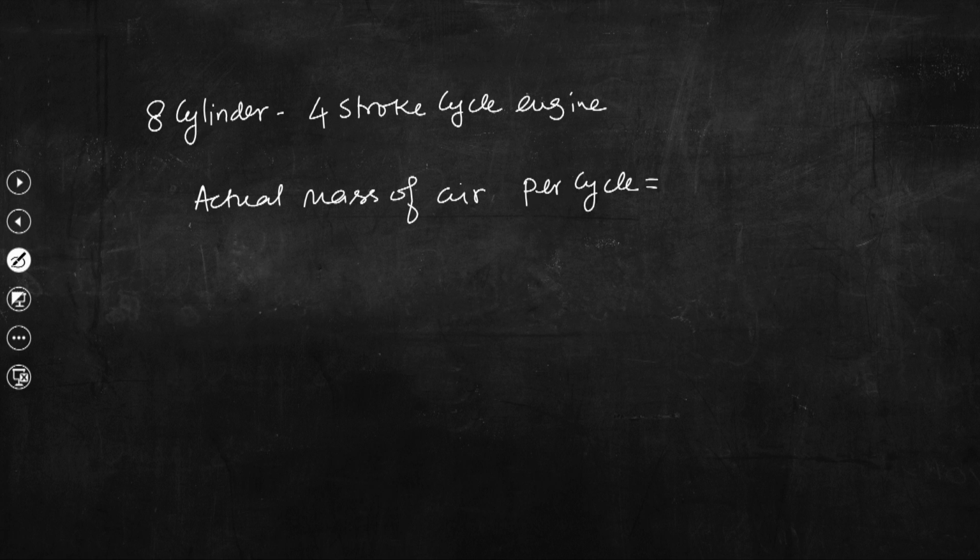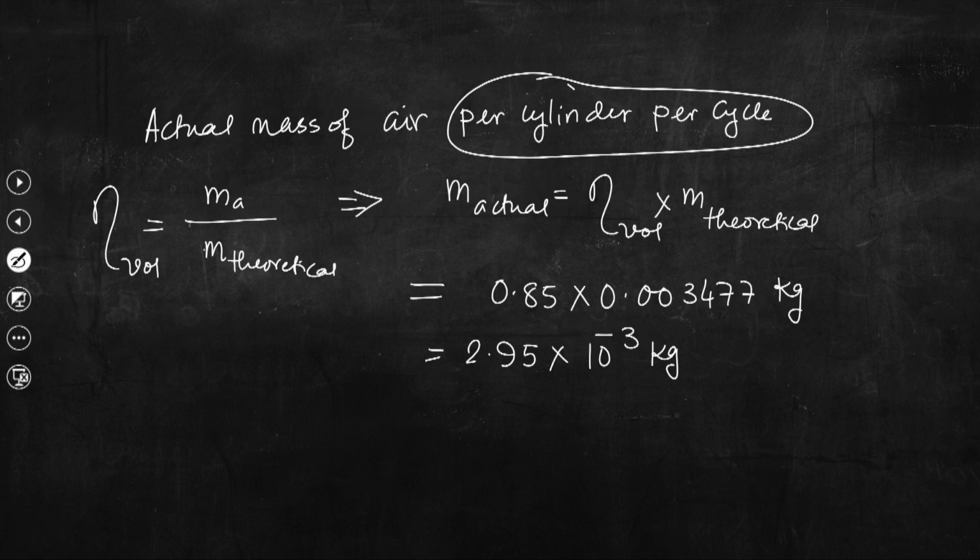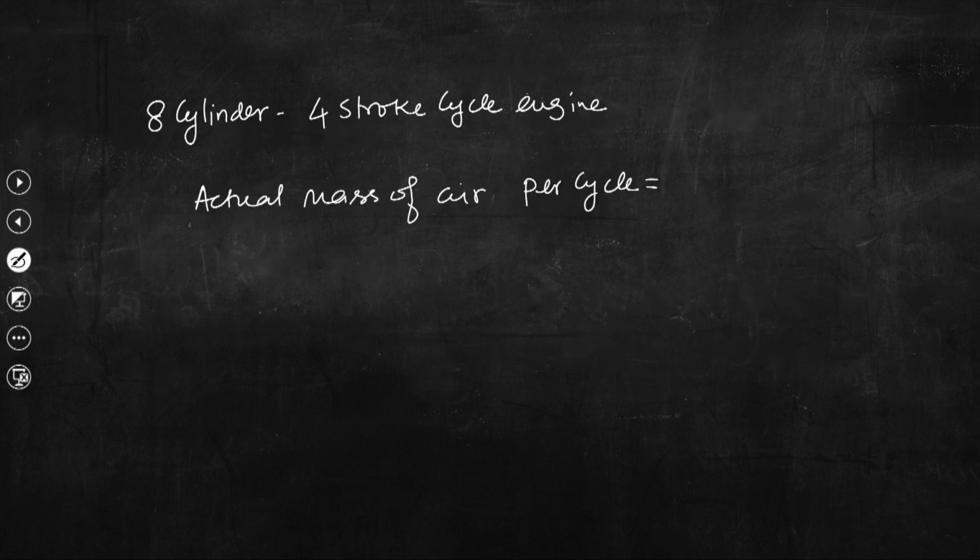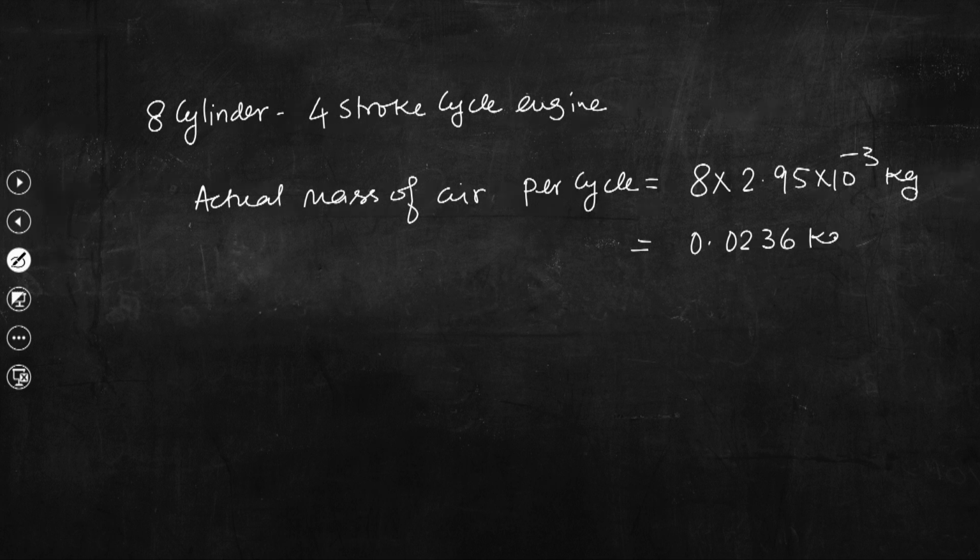Per cylinder per cycle we calculated 2.95 into 10 power minus 3, so this is 8 into 2.95 into 10 power minus 3 kg, and it is coming as 0.0236 kg. So, this is again the actual mass of air per cycle.